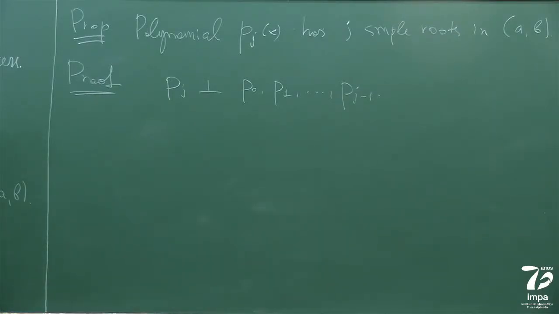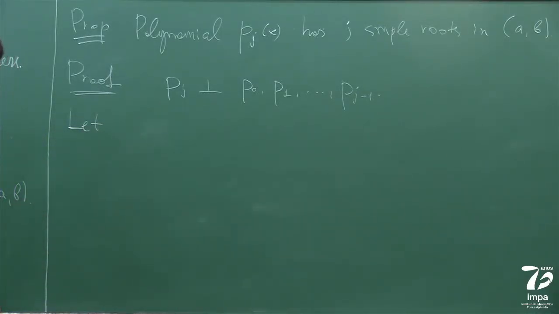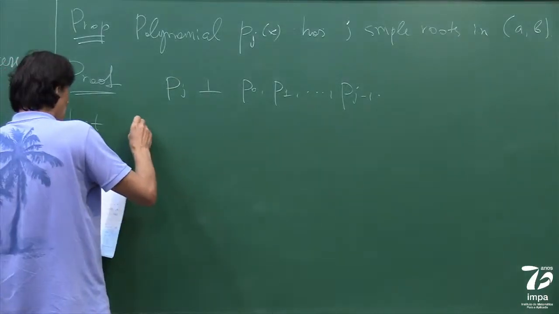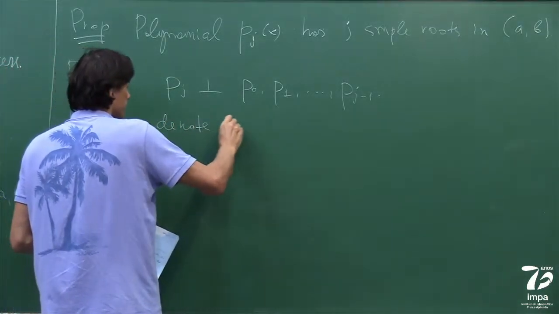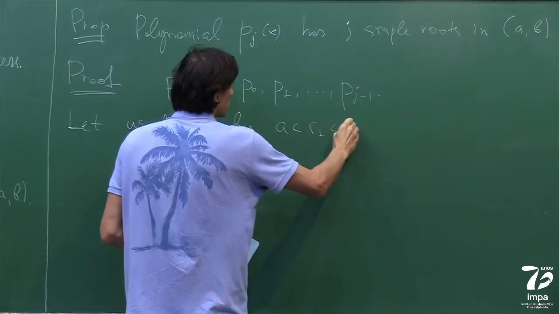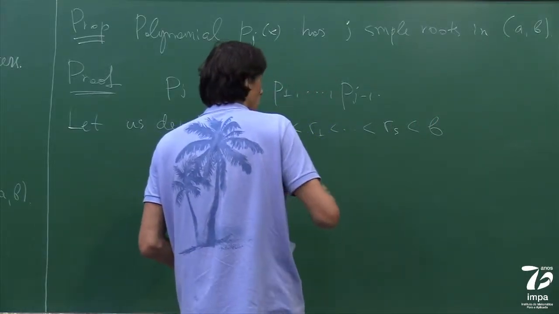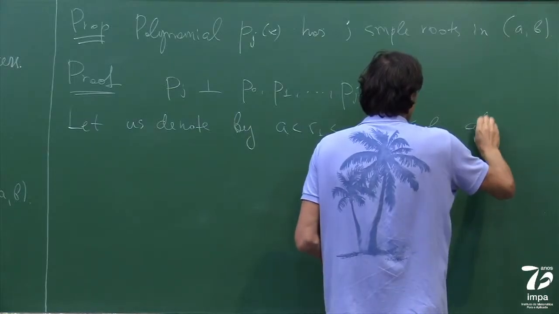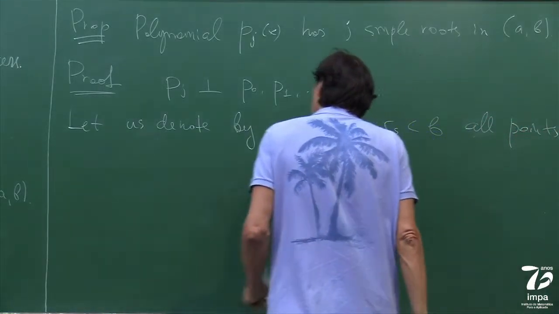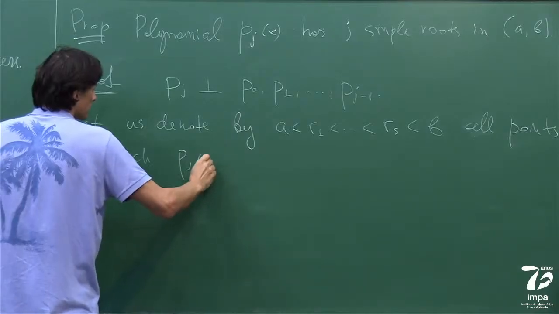So what do we assume? Let us denote all points inside the interval at which Pj of x changes sign.